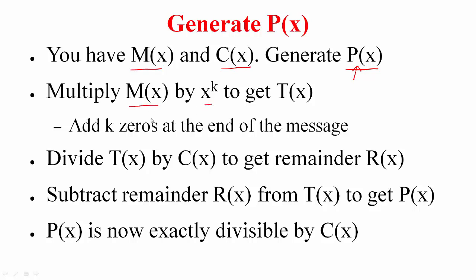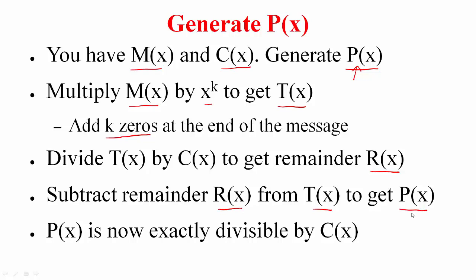So basically this results in adding k zeros at the end of the message. So you get a temporary polynomial, let me call it Tx. And now what you do is you divide the Tx by Cx to get a remainder. And now just subtract this remainder Rx from the Tx and then you get this Px.